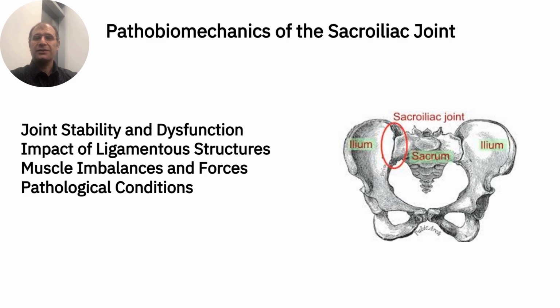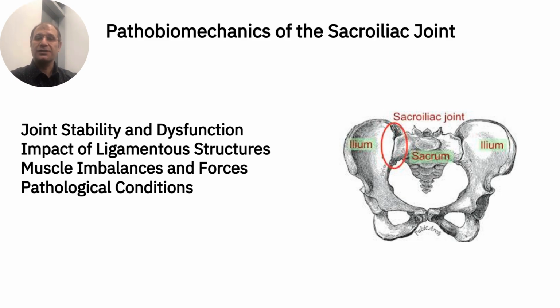Its intricate design and the support from ligaments and muscles provide the joint stability. However, when there is an imbalance or disruption in these stabilizing mechanisms, it can result in sacroiliac joint dysfunction. Such dysfunction may manifest as either hypomobility, where the joint becomes excessively stiff, or hypermobility, leading to excessive movement that can cause pain and instability.